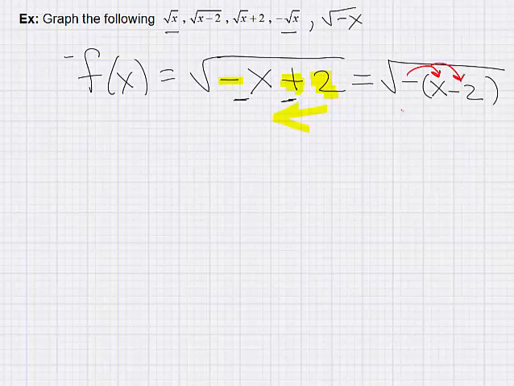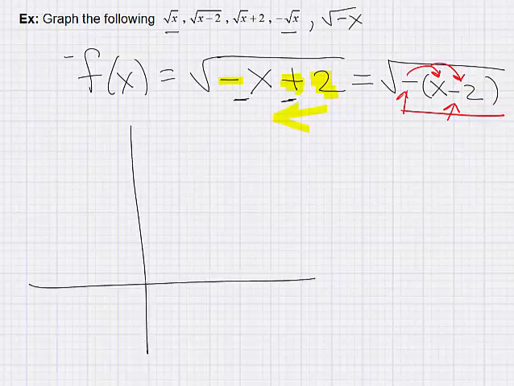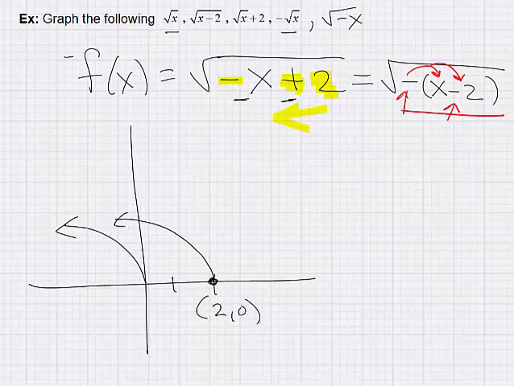But by looking at it this way, I have the whole interior multiplied by a negative, and therefore I'm still going to flip it over the y-axis, but now I see a minus 2, which means move it to the right. And now I'll be in the right location. So if I flip it over the y-axis, and then move it to the right 2 units, I'm now looking at this function, and the point that I'm at here is 2, 0.